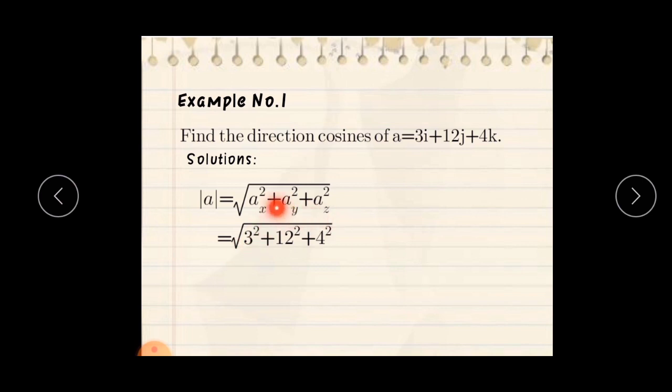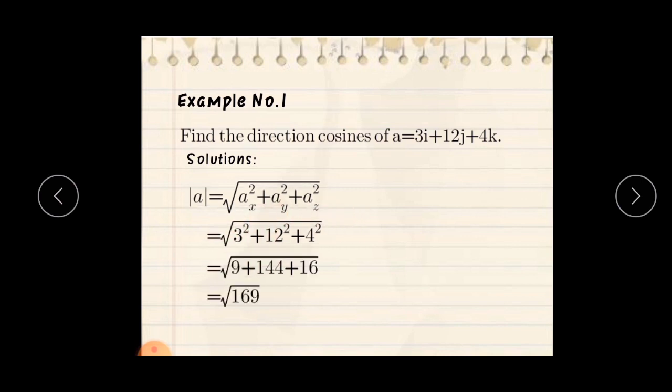Square root of 3 squared plus 12 squared plus 4 squared. By simplifying, 3 squared is 9 plus 12 squared is 144 plus 4 squared is 16.